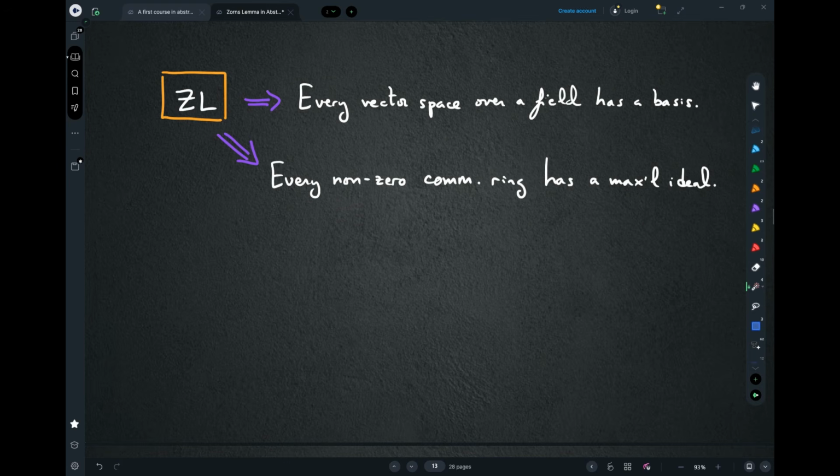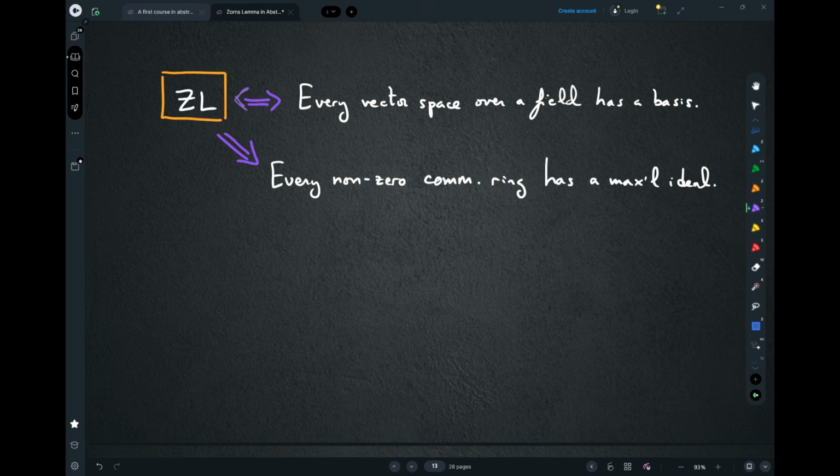Now, you might think that we are using this set theory axiom, the axiom of choice, to prove such a statement. But it turns out that these are equivalent. If you assume that every vector space over any field has a basis, then that is equivalent to the axiom of choice and therefore to Zorn's lemma.